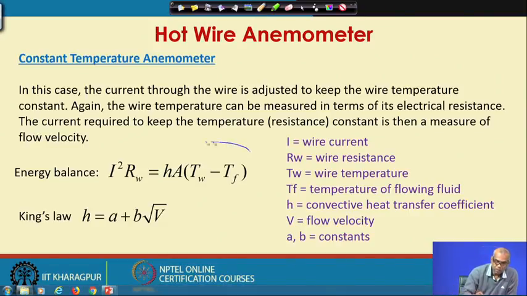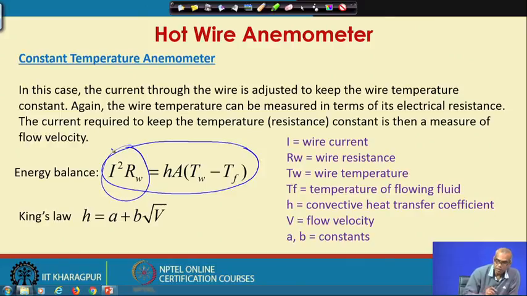So, this is the energy balance: I square R_W. R_W is the wire resistance and I is the wire current. So, I square R_W is the heat generated, and the convective heat loss from the wire surface is heat transfer coefficient h multiplied by the area of heat transfer into the temperature difference between the wire and the surrounding fluid.